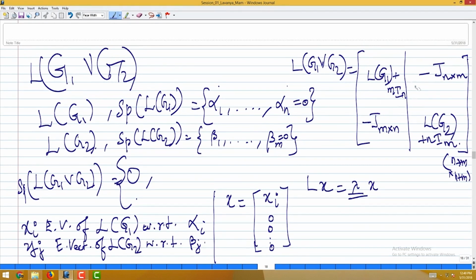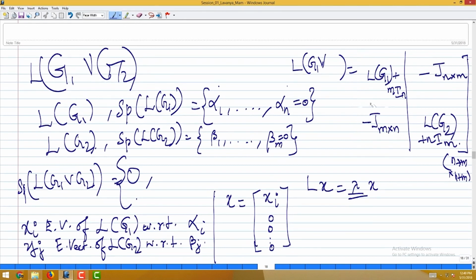So, that means what? This right side, say minus J, the n by m matrix, what will happen with my x? Say the first row and x vector, if I just multiply this, what will I get? You have a plus mI, right? That plus m times xi would be added, the first component of x would be added to the diagonal. So, there is going to be a plus m hanging out, right. Apart from that, the first row of this L of G1 would be contributing lambda into x, the first vector part, right.